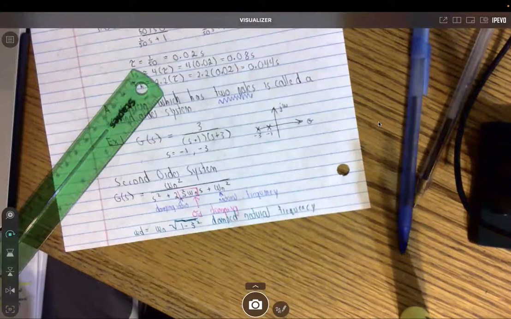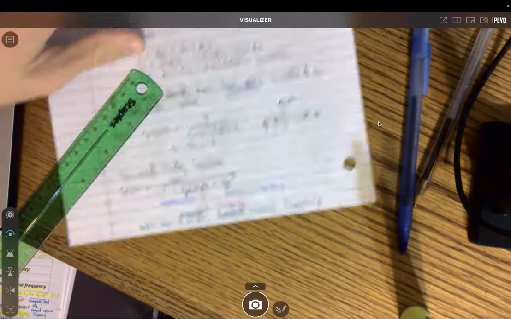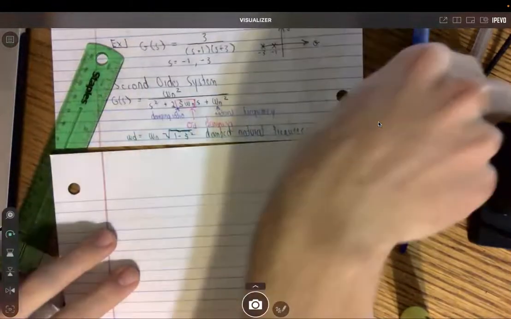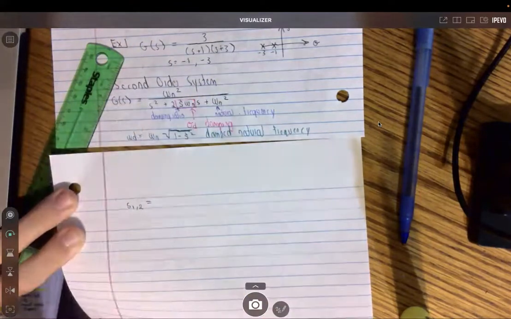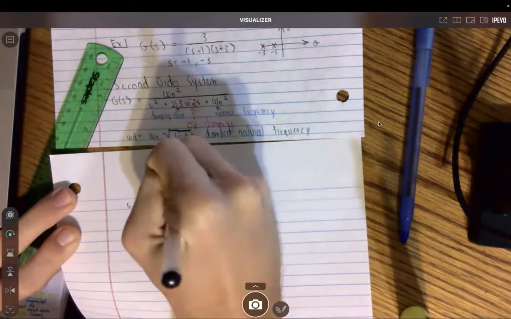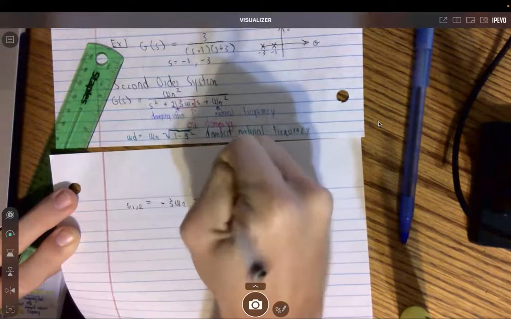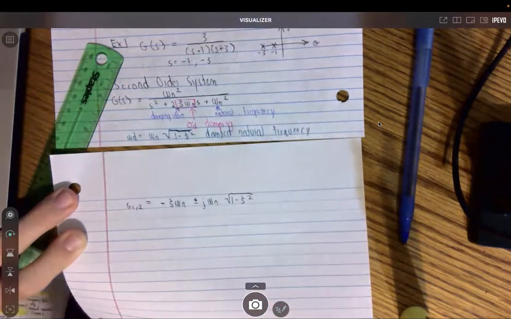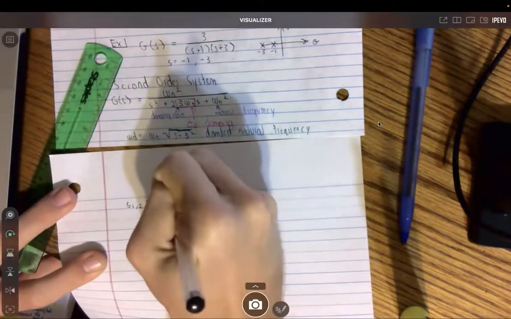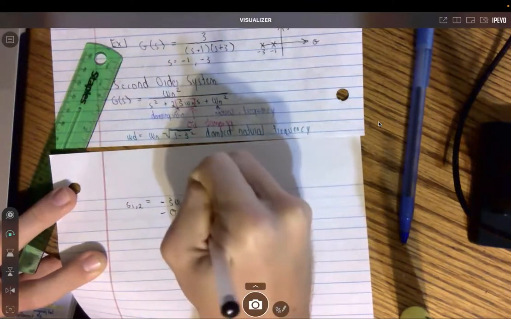And so what we're going to see from this is when we find our poles, they're going to come in the form S1,2, because remember, there are two poles in a second order system. It's going to be negative zeta omega n plus or minus j omega n times the square root of 1 minus zeta squared. But we like to simplify that, so we use negative sigma d plus or minus j omega d.